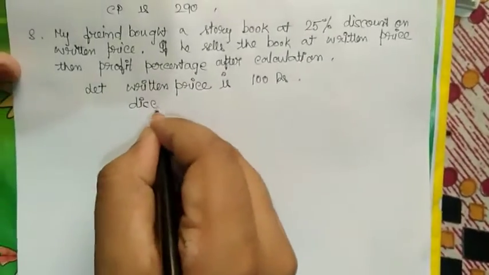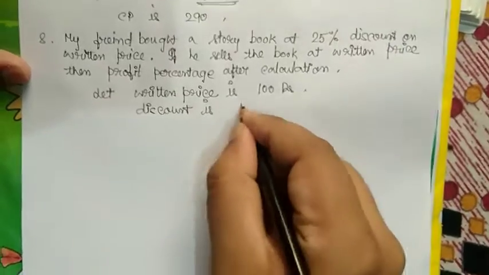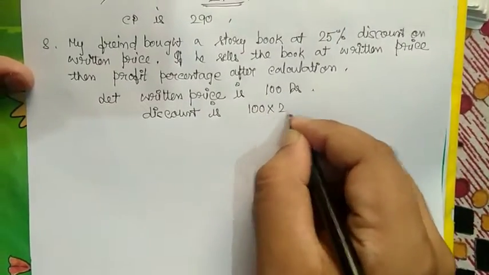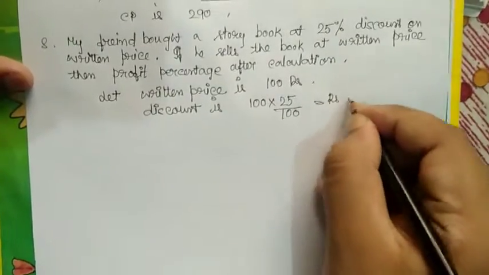Discount is 25%, means 100 into 25 by 100, rupees 25.